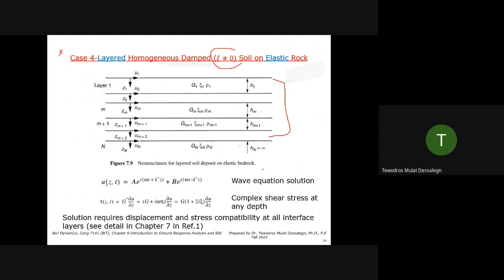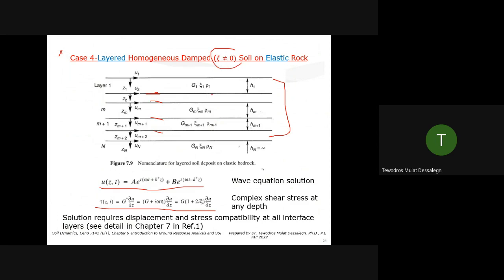So we have the same wave equation solutions. It's the same equation, but now what are we going to do? We are going to do those stress and displacement compatibility at so many points, right? At every interface. At the surface, at interface 1, interface 2, interface 3, interface N. So it's a lot for hand calculation, right? If you have 100 layers, you can imagine.